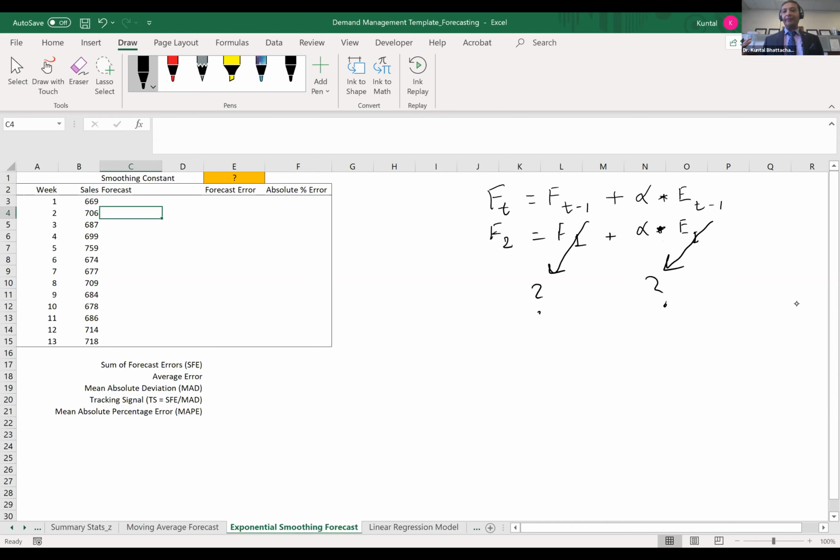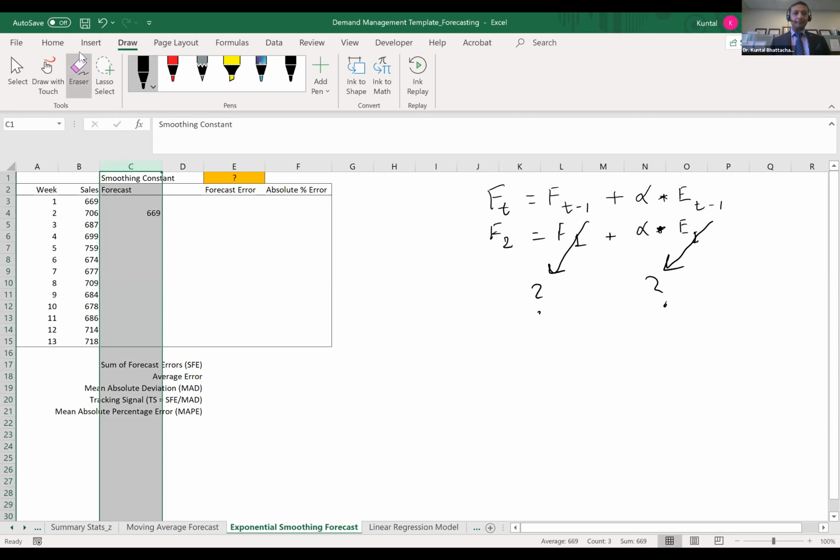This is where the idea of naive modeling comes in. When you don't have any previous data, the starting point of your analysis can oftentimes be naive. In other words, to forecast for week 2, my starting point would be the actual value from week 1. I'll start with that as my forecasted value.